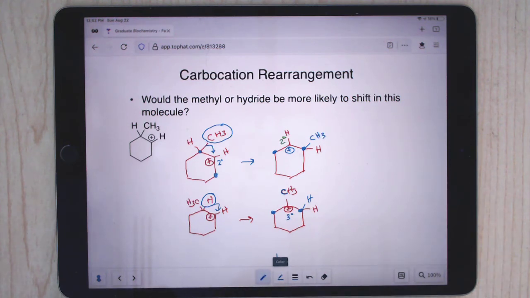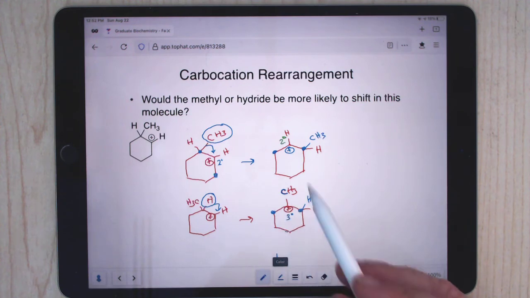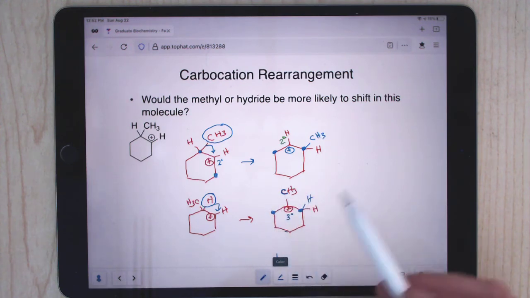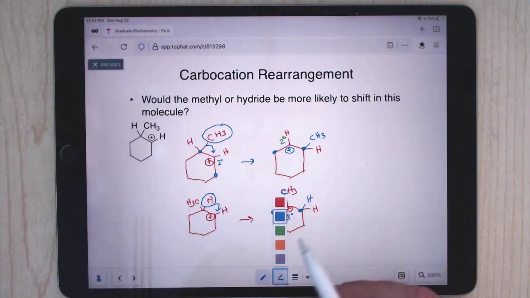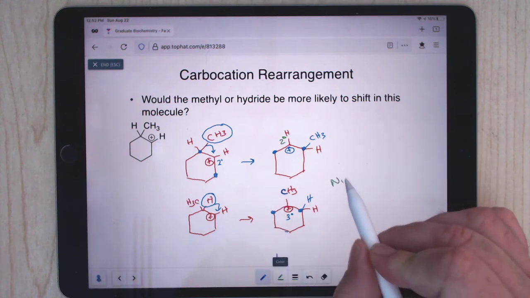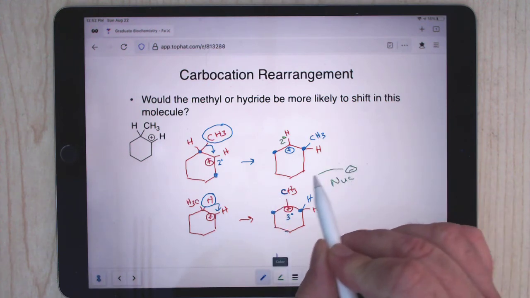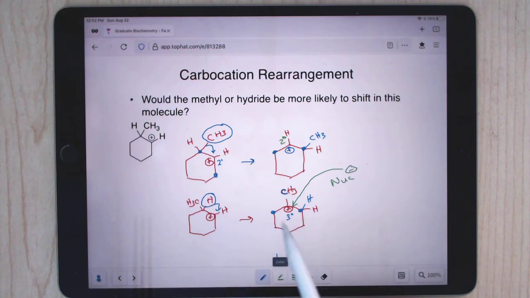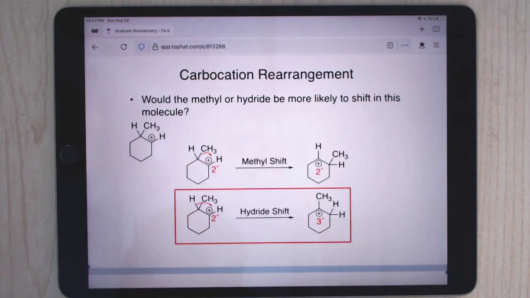And so when the nucleophile comes in, it's going to see this version of the molecule. So the nucleophile is going to come in and attack here, because this is the only version that it sees, to make the product.